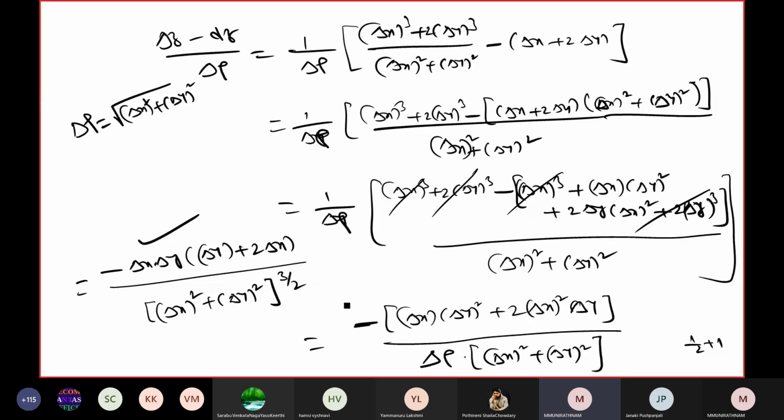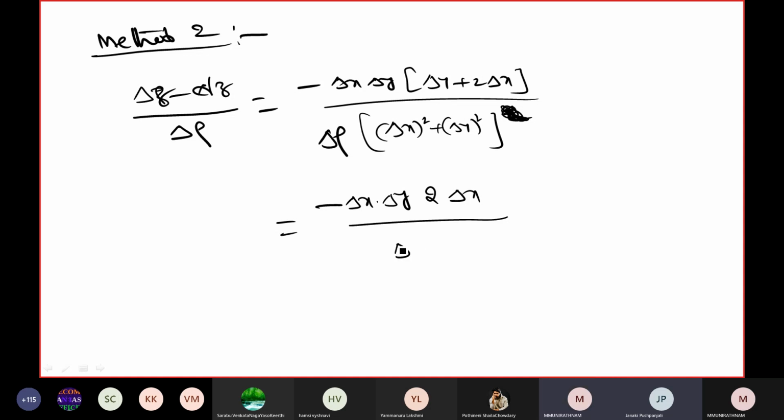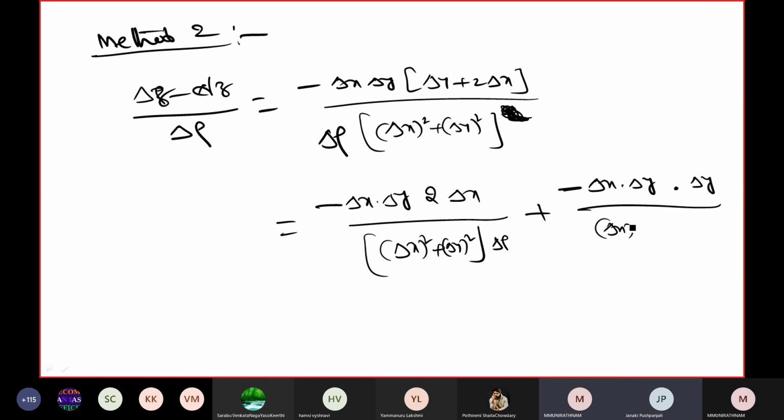I will take this one. ఓకేనా? So దీన్ని కొంచెం మాడిఫై చేస్తాను, delta x into delta y, 2 delta x by delta rho, okay, delta rho into delta x whole square plus delta y whole square into delta rho as minus delta x into delta y by delta x whole square plus delta y whole square into delta rho.